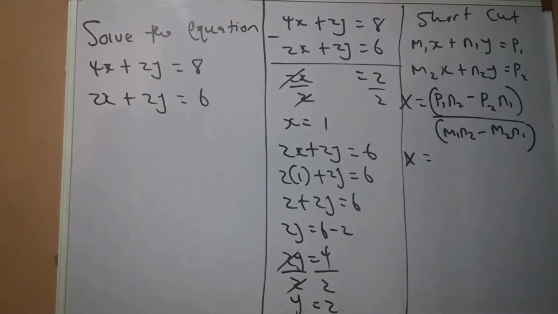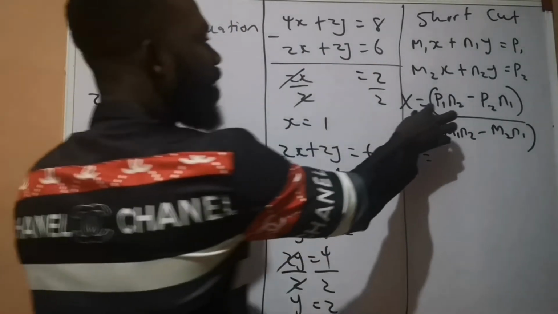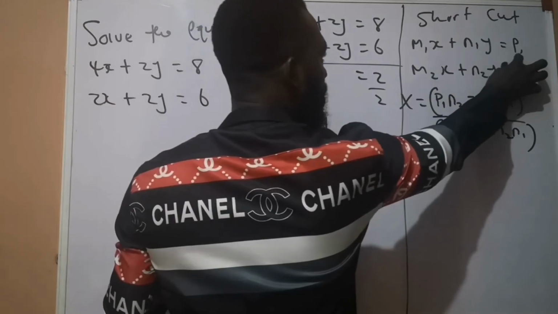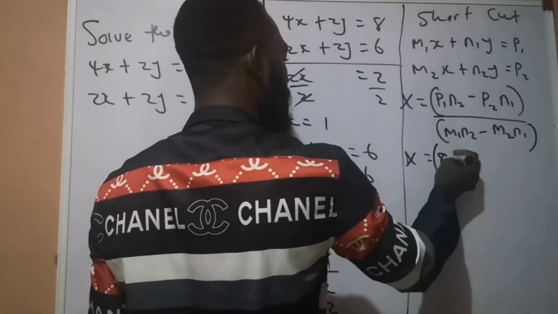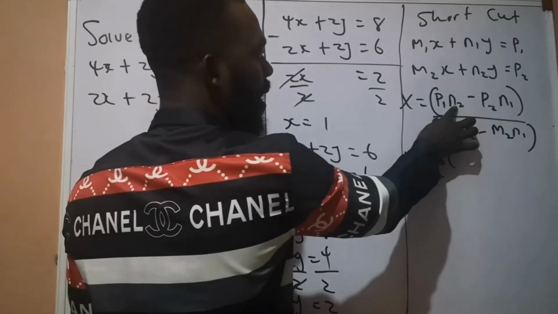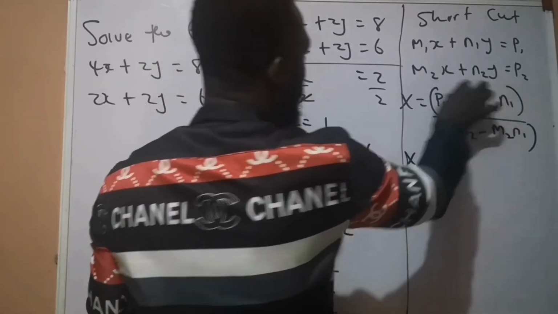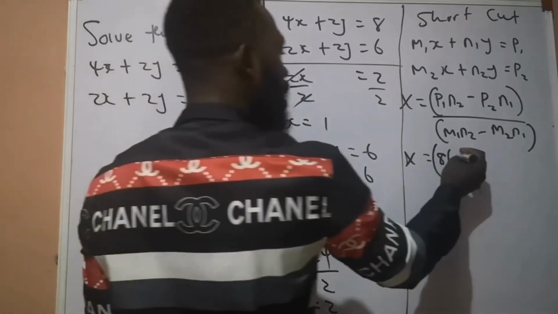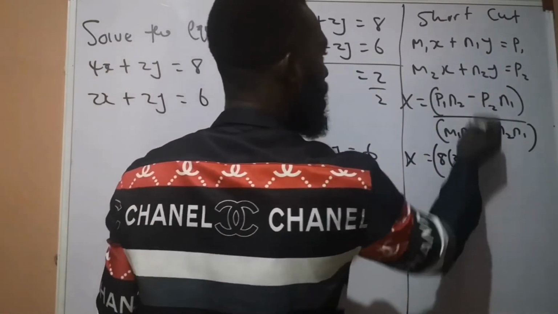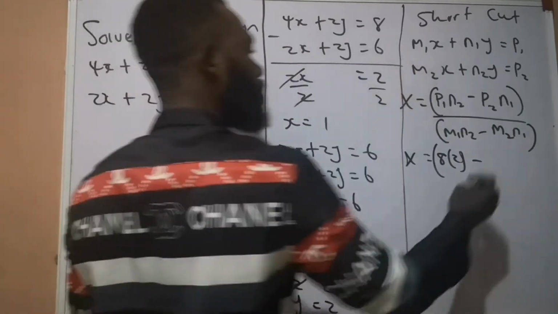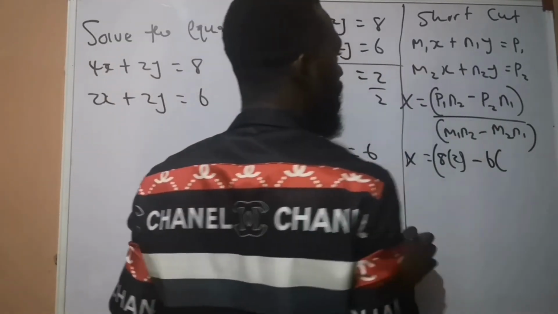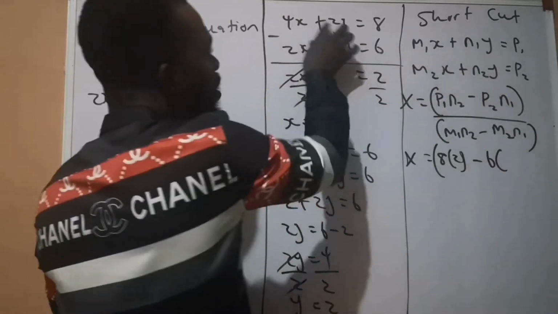So where I have p1, p1 is 8, so I have 8 into bracket n2. n2 is 2. Minus p2, which is 6, into bracket n1. n1 is 2 also.